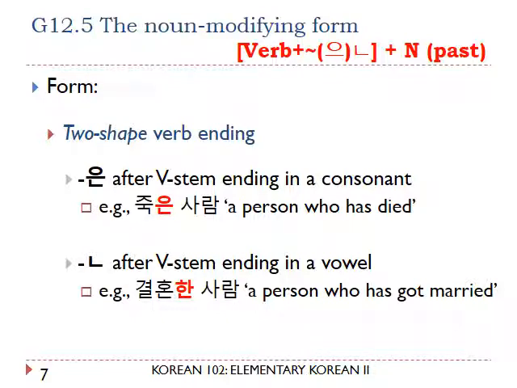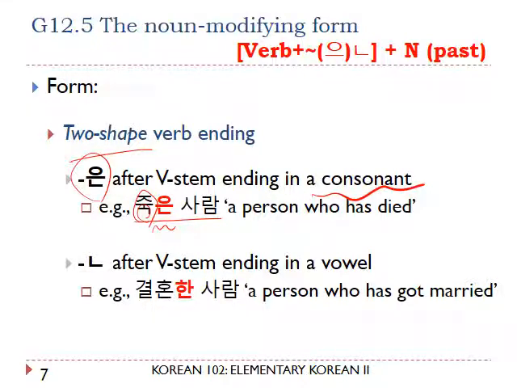The past noun modifying suffix 은 or 니은 is a two-shaped verb ending. 은 is attached to the stem of the verb that ends in a consonant. For example, 죽은 사람. 죽 is the stem of the verb 죽다 and it ends in a consonant, so attach 은.